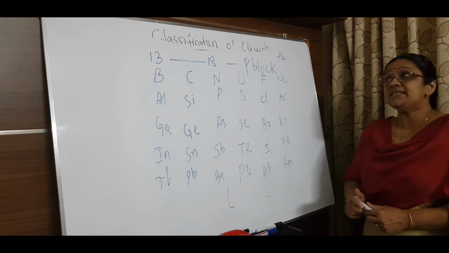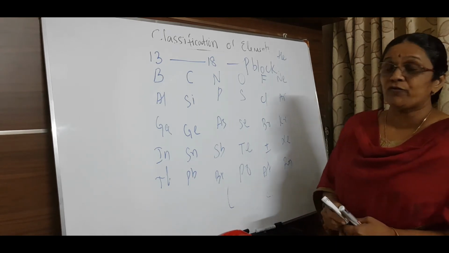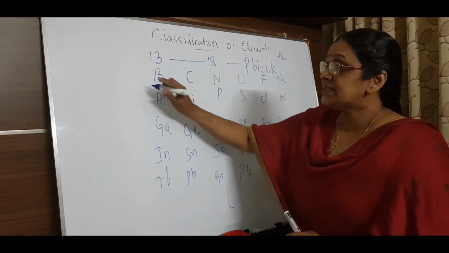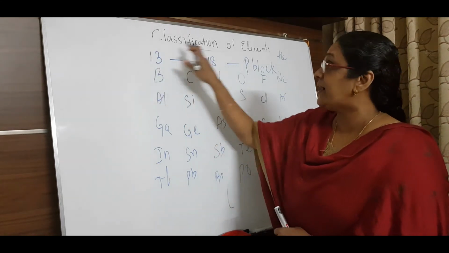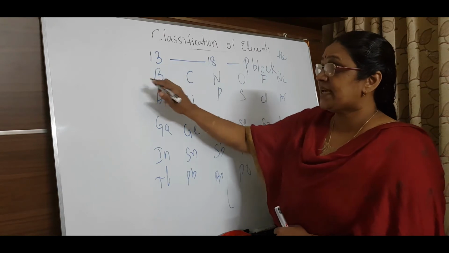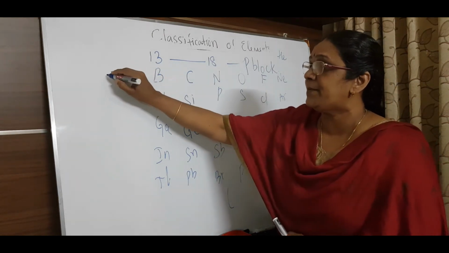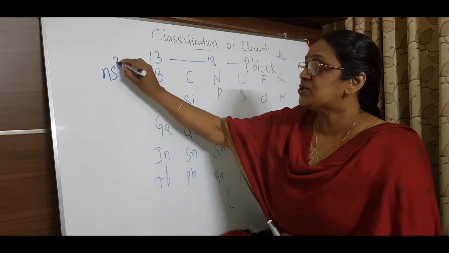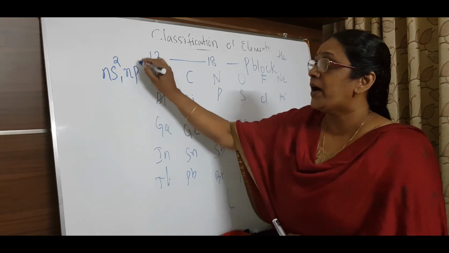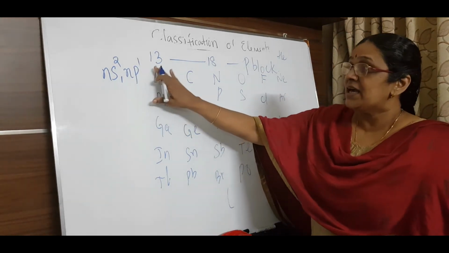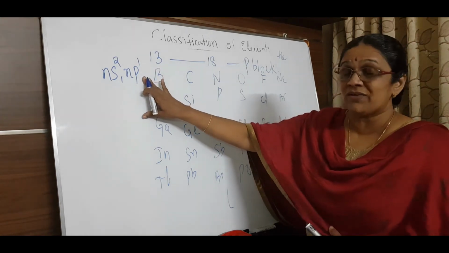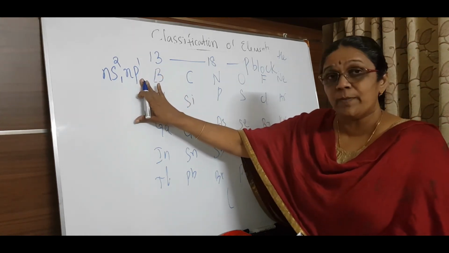Now if we consider the electronic configuration, what will it be? The first period is only hydrogen and helium, so this is the second period. In the second period it will be NS2 NP1. Here it is NP1 because the valence electrons are now going into the p orbital.